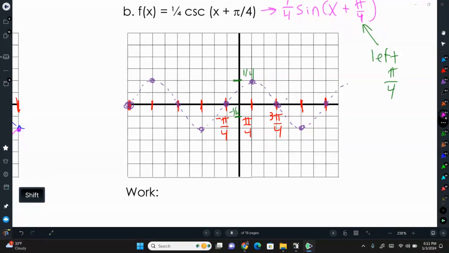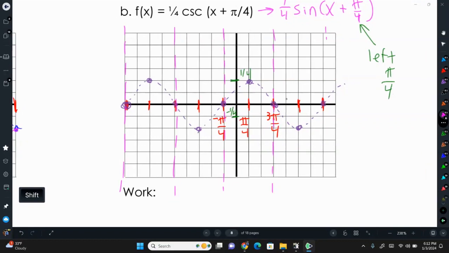And again, anytime we cross the midline, which is y equals 0, we have a vertical asymptote. So we're going to have all these asymptotes here. And then I'm going to use light blue.